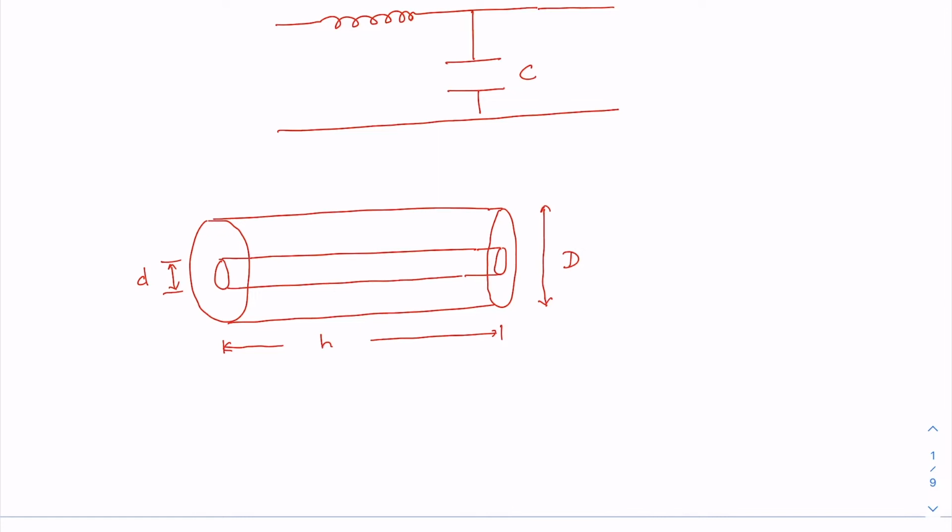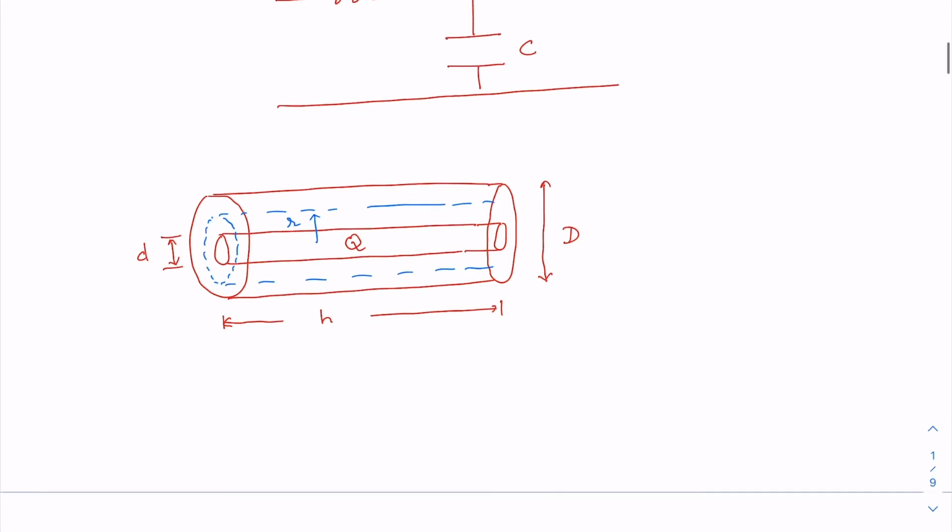Let us say a charge q is there inside the inner conductor, and if I now draw a Gaussian surface, a Gaussian cylinder like this, which has a radius say r, we know how to solve this kind of typical problem. Using Gauss law we can find the electric field.